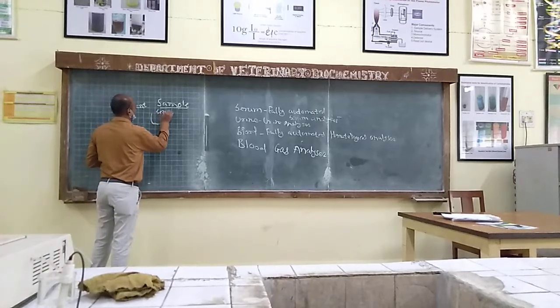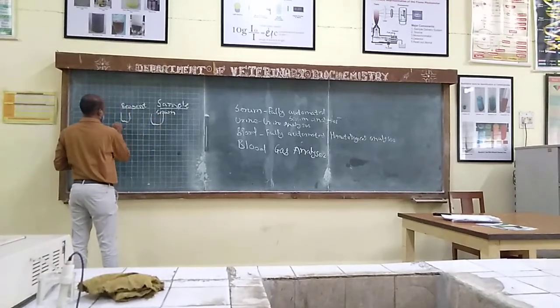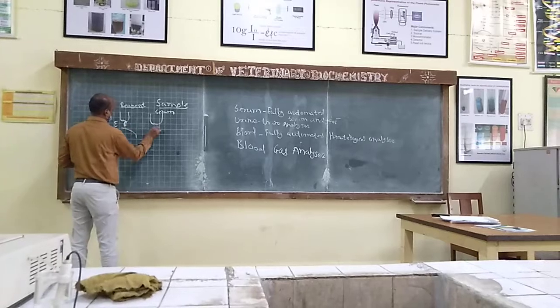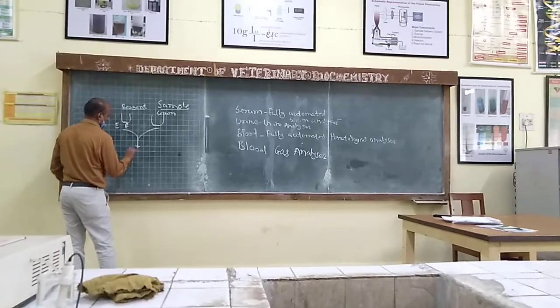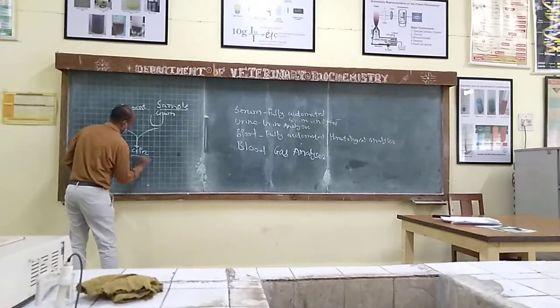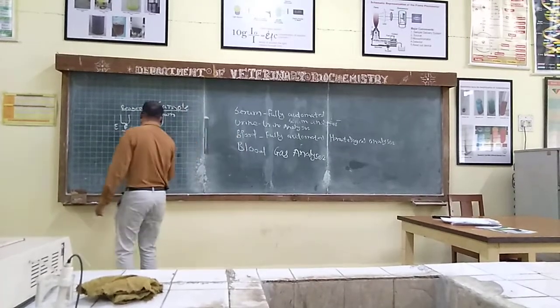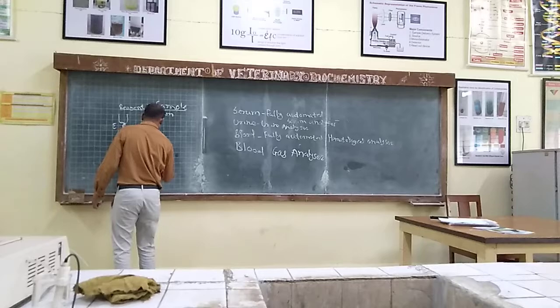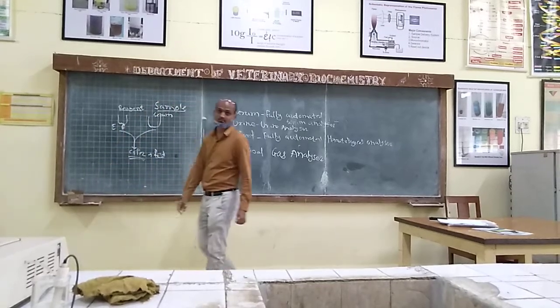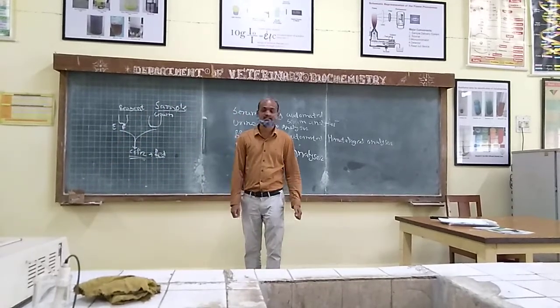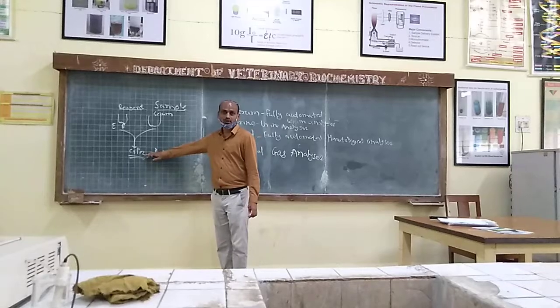If you mix them together, a certain color will be formed. This is, for example, red. Basically, a red quinoneimine complex is formed in the glucose oxidase peroxidase test. So this red color is formed.